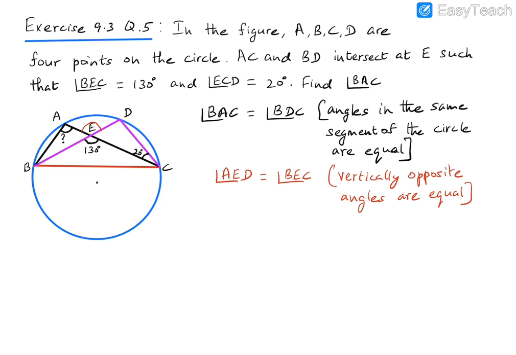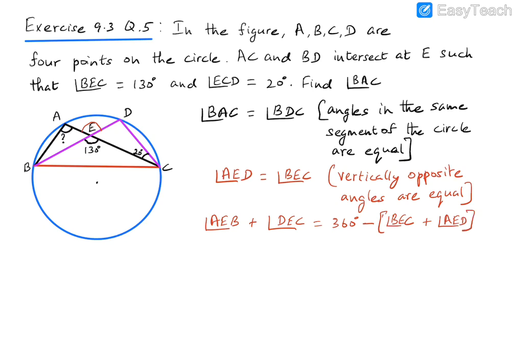So we will have angle AEB plus angle DEC equal to 360 degrees minus the sum of angle BEC plus angle AED.